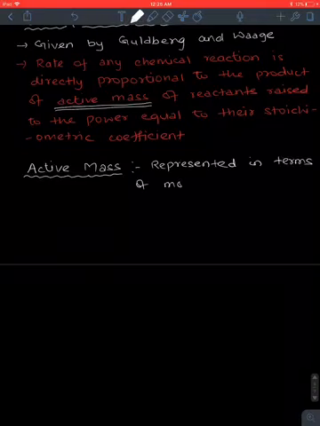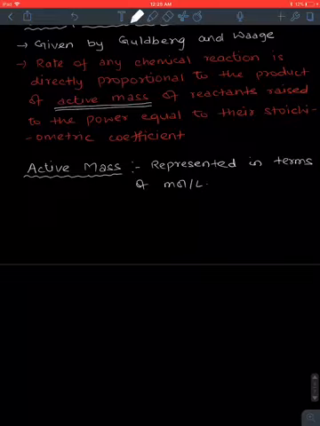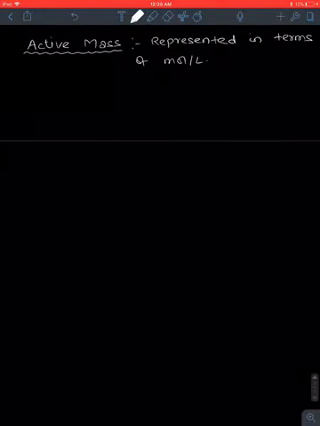We have seen before also that concentration is represented in terms of mole per liter, so active mass is also represented in terms of mole per liter. The only difference is that concentration we define for solid, liquid and gas, but active mass is only considered for gaseous systems.